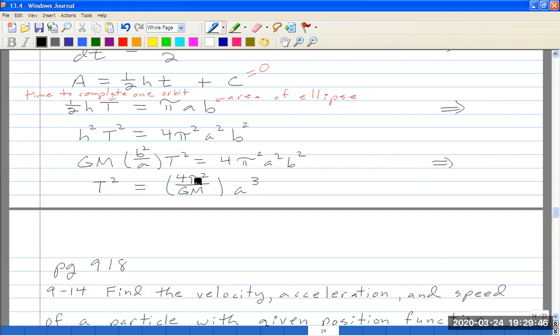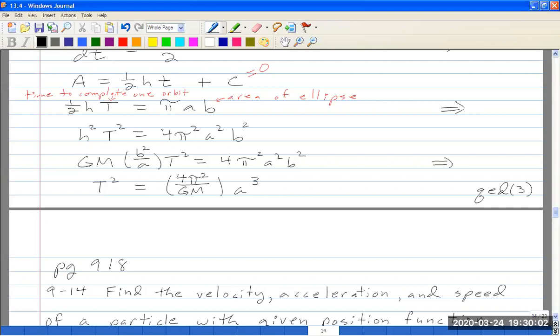So these are just constants. And so the square of the period is indeed proportional to the cube. And so I've proven the third part.